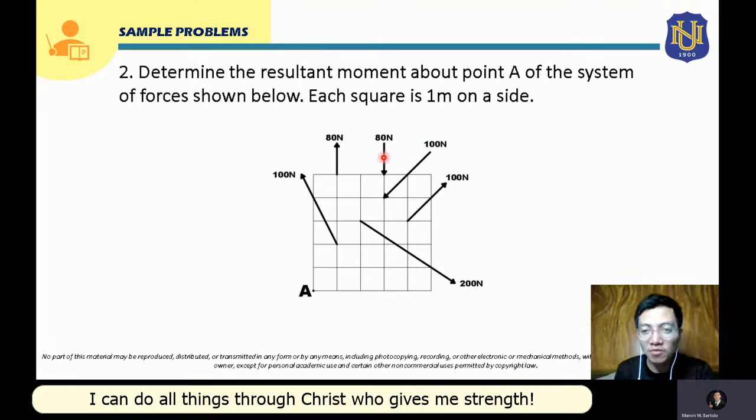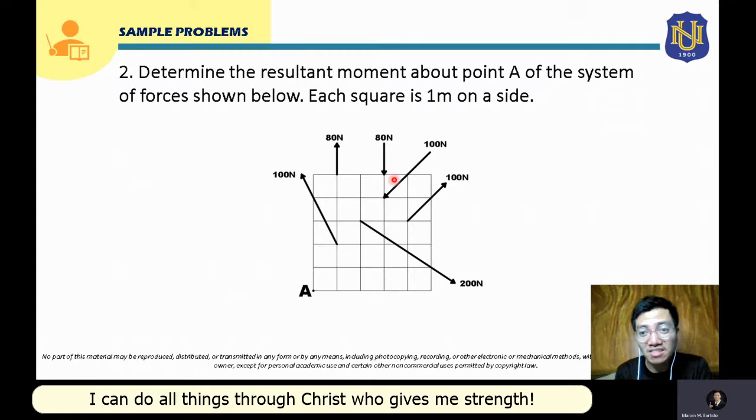And if you analyze this, you can notice that we have two 80 Newton forces that are equal in magnitude, and they are directed in opposite directions, right? And also they are parallel and non-collinear.